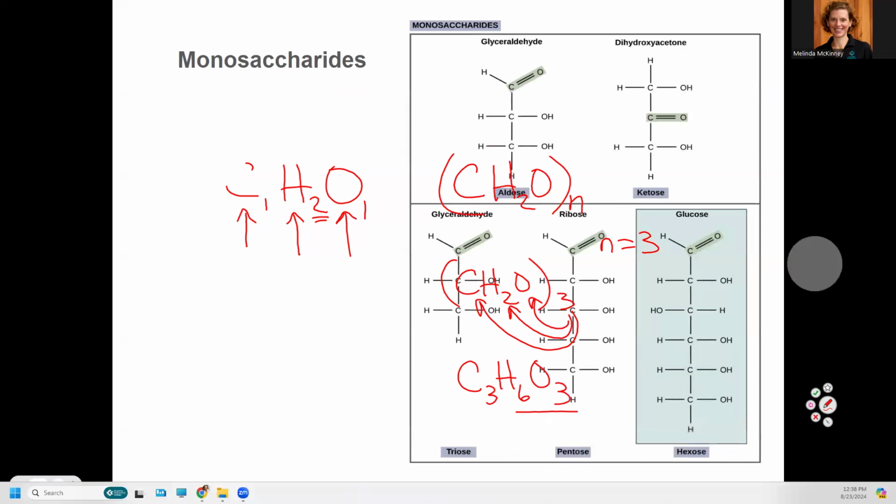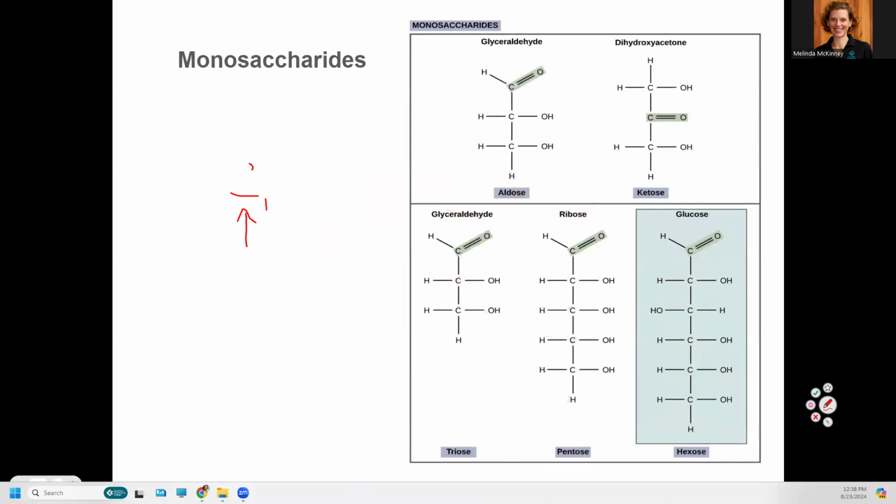Okay, monosaccharides are the smallest unit, just one monomer. So for this monosaccharide, we've got 3 carbons. You can see over here, I'm circling those. For each carbon, there's one carbon, two hydrogens, and one oxygen.